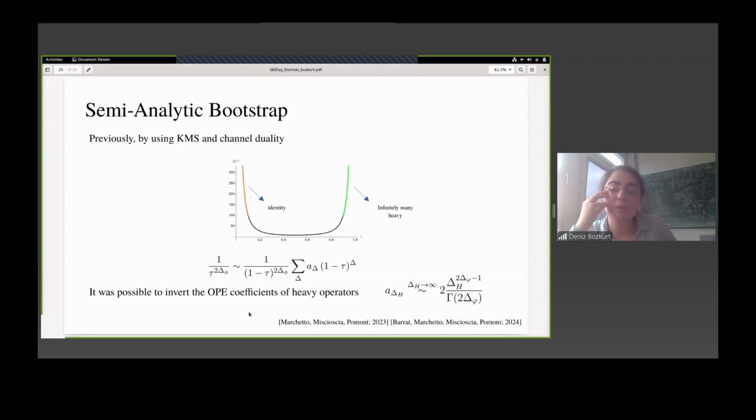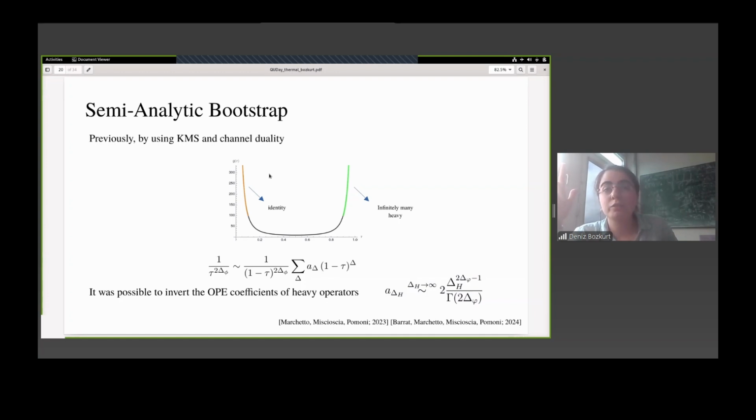And so previously, Alessio, Enrico, Ellie, and also Julian were working on this method, and it starts with the observation that the two-point functions that we consider are KMS, they have the periodicity condition.